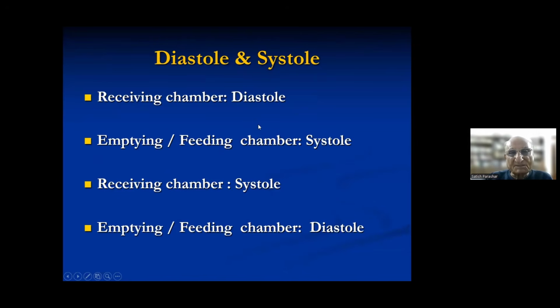The RV is a receiving chamber, it will enlarge in size. An emptying or feeding chamber is in systole. Only when the LA contracts, then this will fill up. So a receiving chamber is in diastole, a feeding chamber is in systole, and the same thing is reversed also. The main thing to remember is that when one chamber contracts, the other fills up, and when the other one contracts, the previous one also fills up.